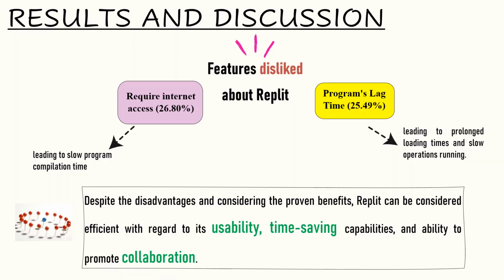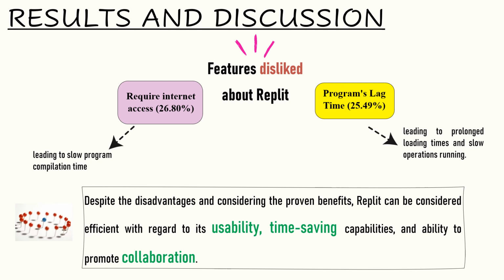Nevertheless, despite the internet accessibility of Replit, there are also certain limitations associated with its usage. Respondents encounter challenges in utilizing the platform under circumstances of limited internet connectivity, leading to slow program compilation time.